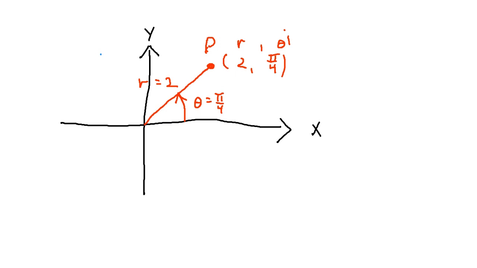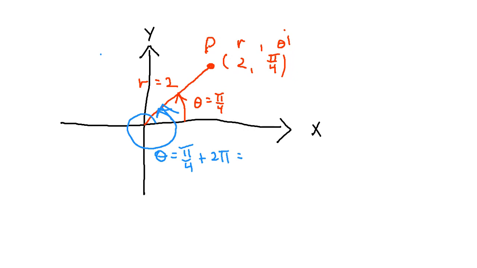Polar coordinates are not unique because you see, we could have, for instance, a theta like this. Maybe I'll draw it a little bit nicer there. So this theta would equal pi over 4 plus another 360 degrees.